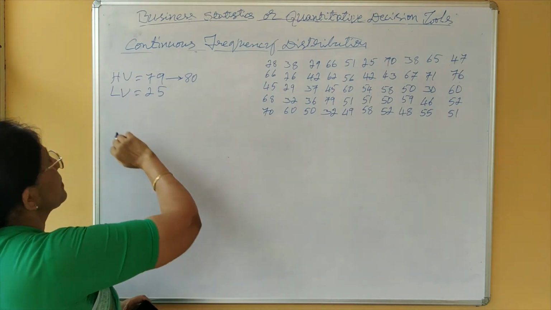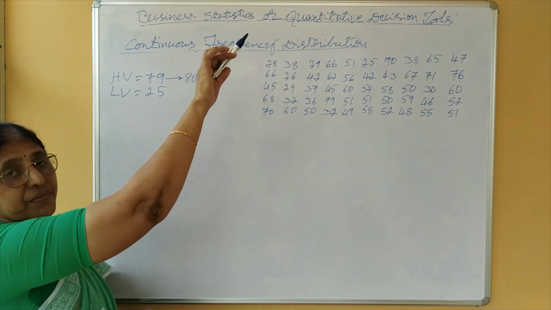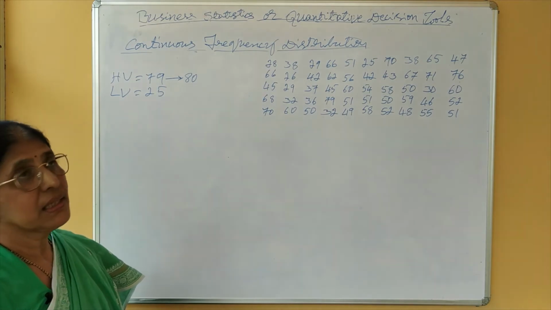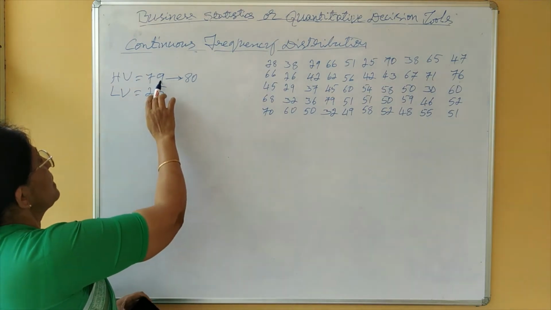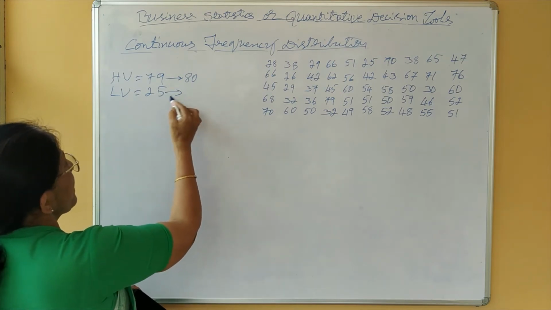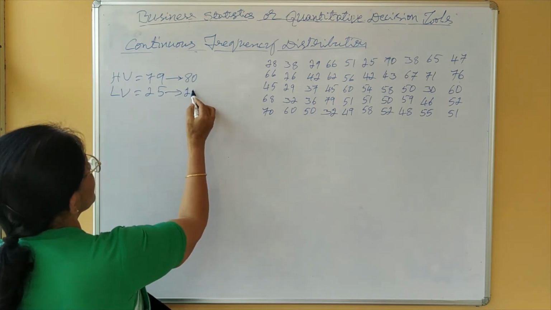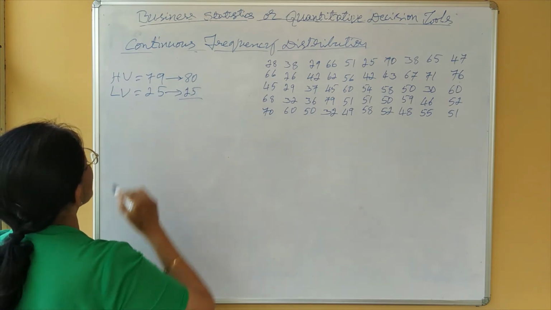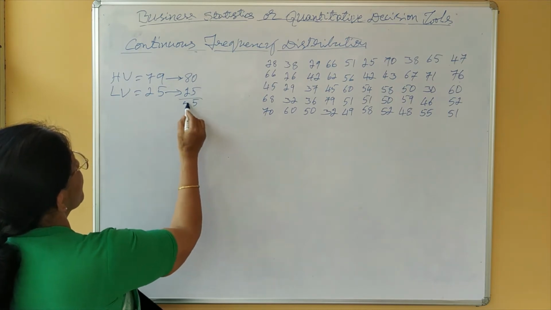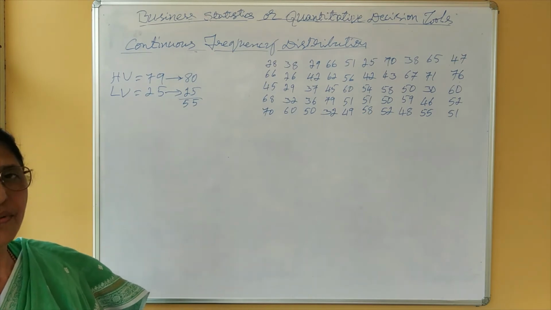If you take 75, then the values above 75 will not be covered in the last class. Means you have to see that last class should cover this highest value. Then here it is 25, it is in multiples of 5, therefore you may take as it is 25. Now take the difference. The difference is 55. Okay.